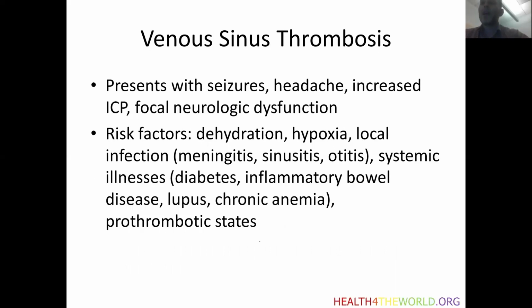There are a number of risk factors for venous sinus thrombosis in children, including dehydration, hypoxia, local infection, such as meningitis, sinusitis, or otitis media, systemic illnesses such as diabetes, inflammatory bowel disease, lupus, other rheumatologic diseases, and chronic anemia, and other prothrombotic states.